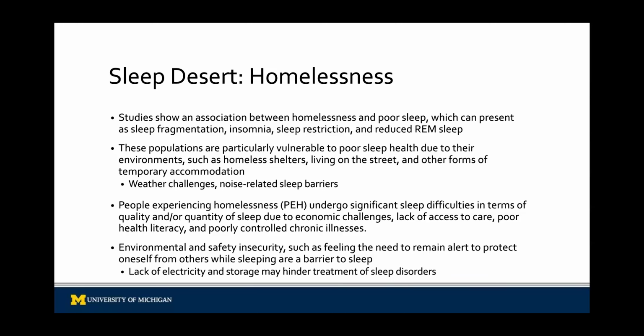Some may also have comorbid sleep disorders that may be difficult to treat in this population. If they have sleep apnea and they need a CPAP machine, then they may not have a reliable source of electricity, or storage of the PAP device might become an issue. And so other untreated sleep disorders can also impact sleep.